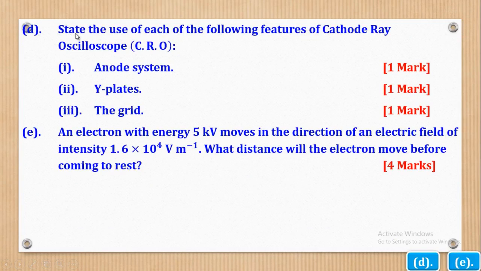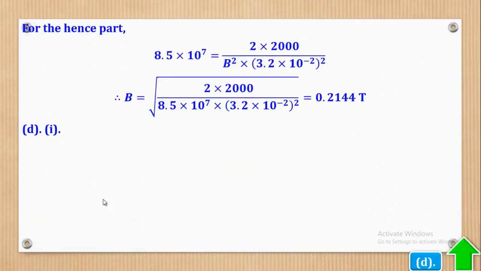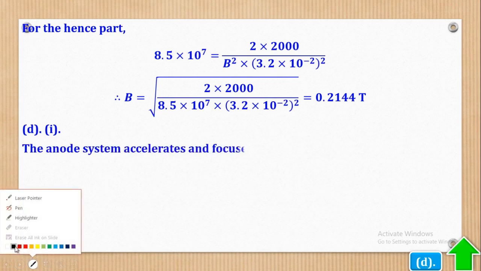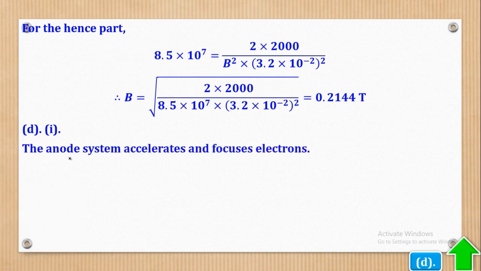So part D says, state the use of each of the following features of cathode ray oscilloscope: Roman 1 anode system, Roman 2 Y plates, Roman 3 grid. So the anode system accelerates and focuses electrons.